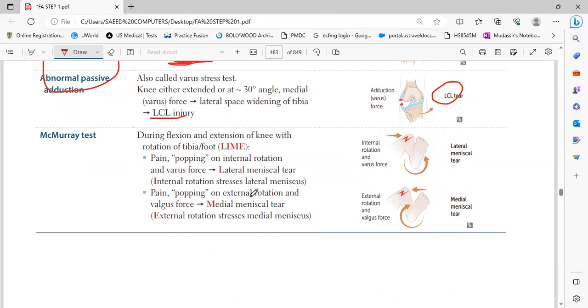Pain and popping during external rotation is a medial meniscus tear. External rotation stresses the medial meniscus. So lateral meniscal tear in internal rotation, medial meniscus tear in external rotation. So an awesome mnemonic is given.